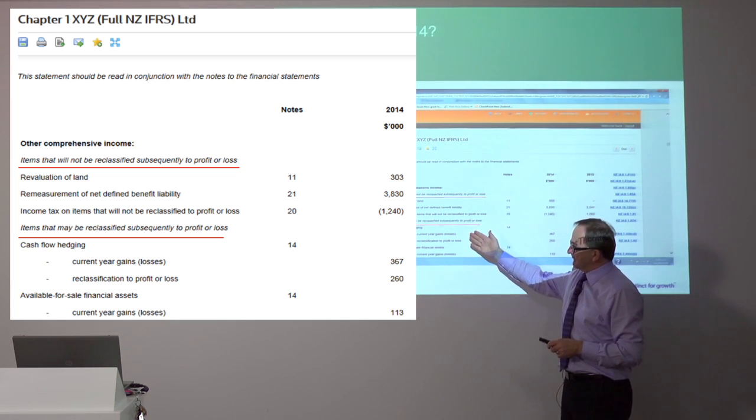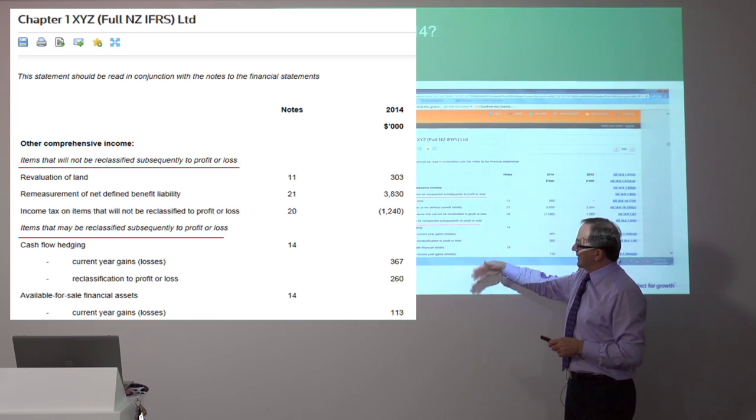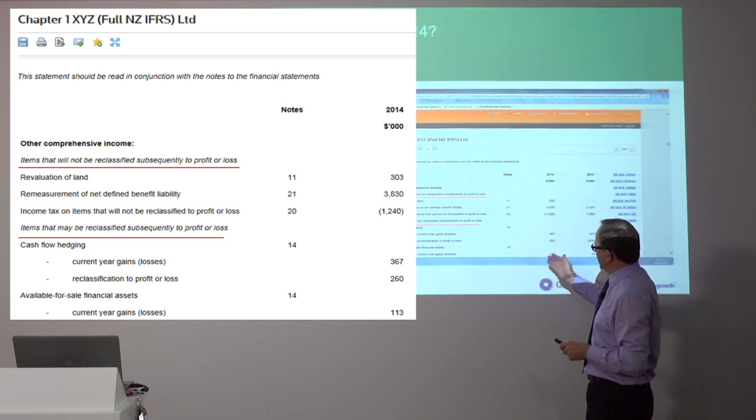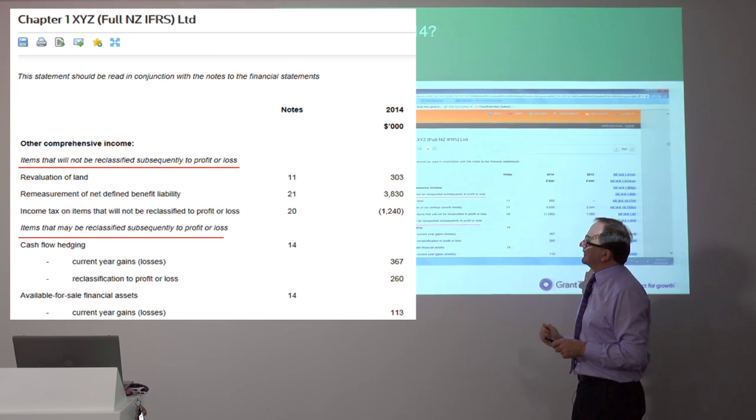So, for example, cash flow hedging balances and any gains or losses on available for sale assets, if they've been designated that way, those gains will end up being recycled.